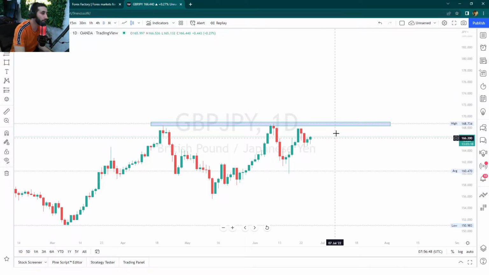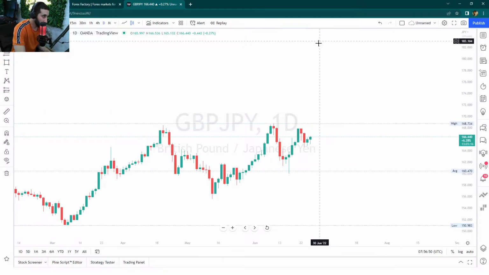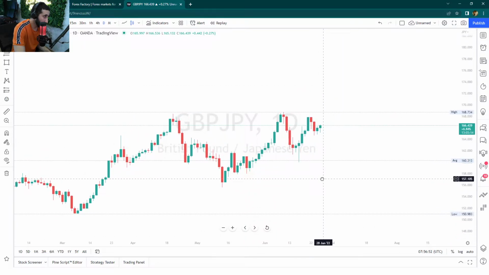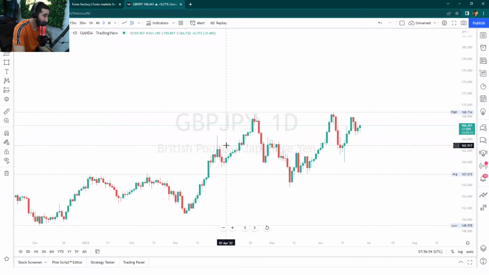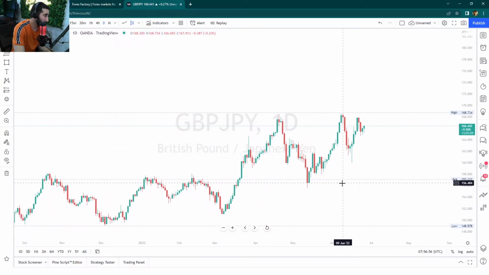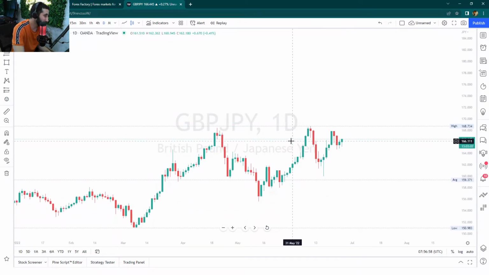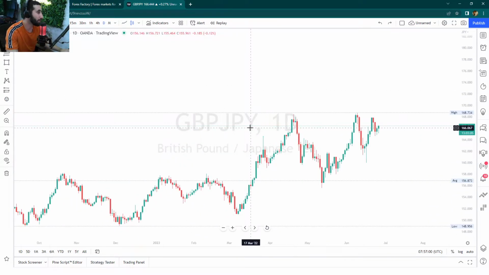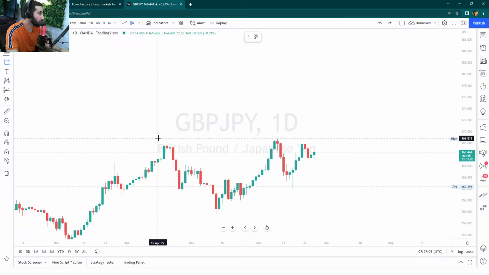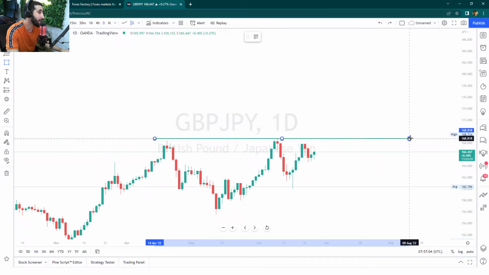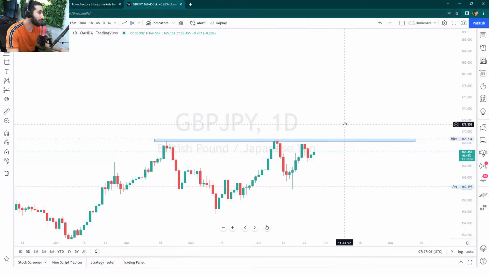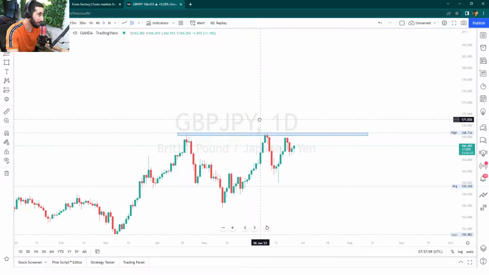If we look here, let's delete this level. Now you can barely identify where the market is heading. You can't tell anything, unless you draw the support and resistance, then you know where the market is heading, even if it's staying in the same place, moving sideways, and so on.